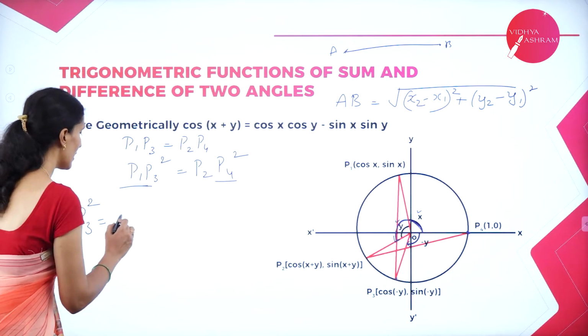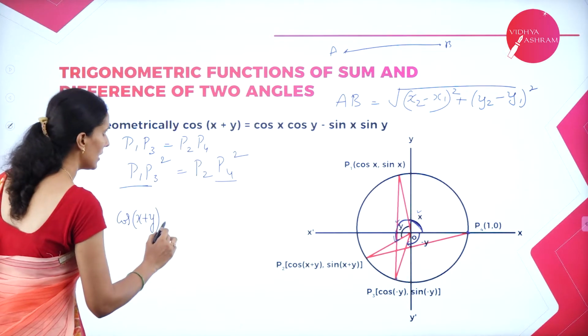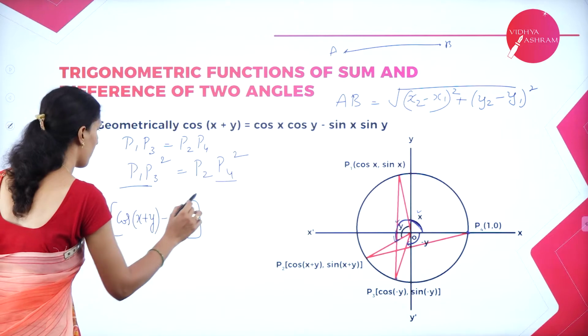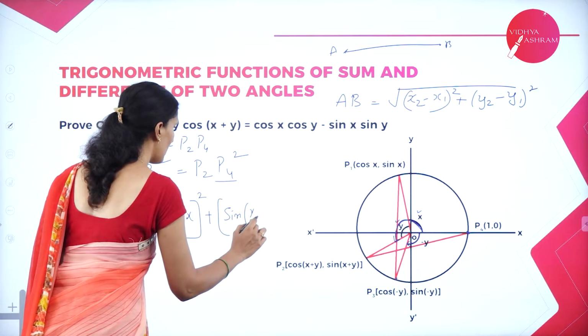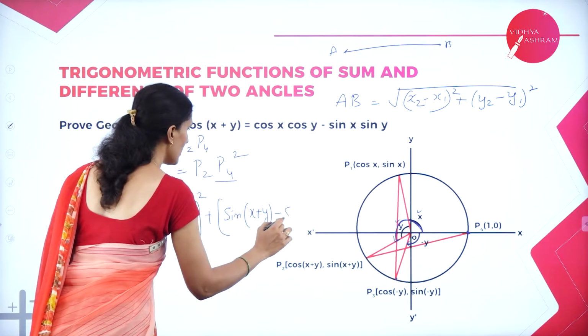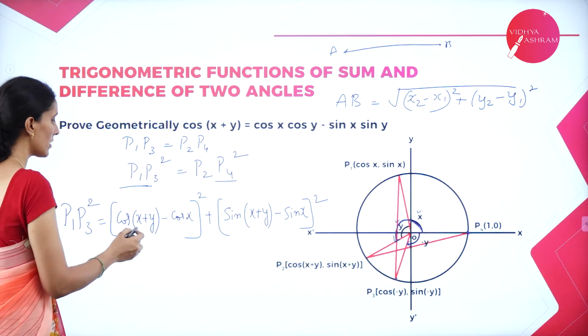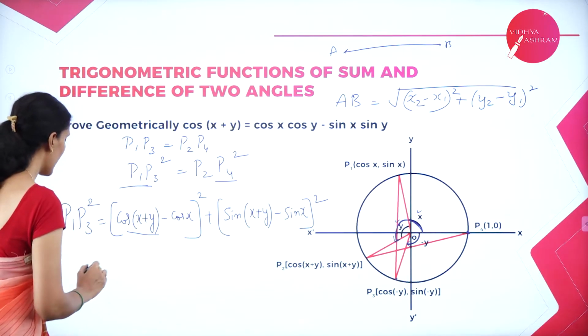What I can write here is (cos(x plus y) minus cos x) whole square plus (sin(x plus y) minus sin x) whole square. Now this is in the form of (a minus b) whole square. Let me expand this.